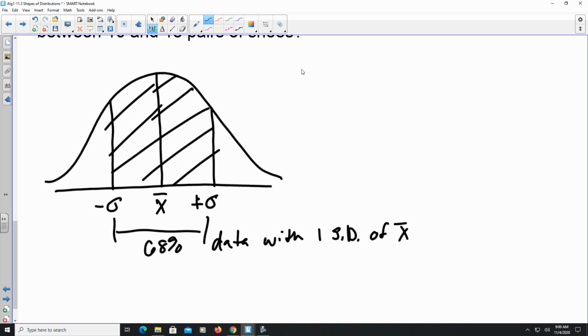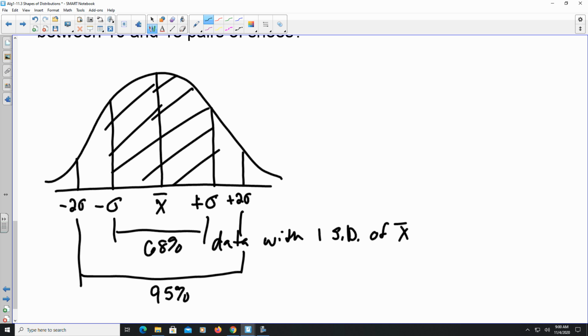All right. Next, you're going to have plus and minus 2 times the standard deviation. What we have here is now 95% of the data within 2 standard deviations of the mean. Okay.